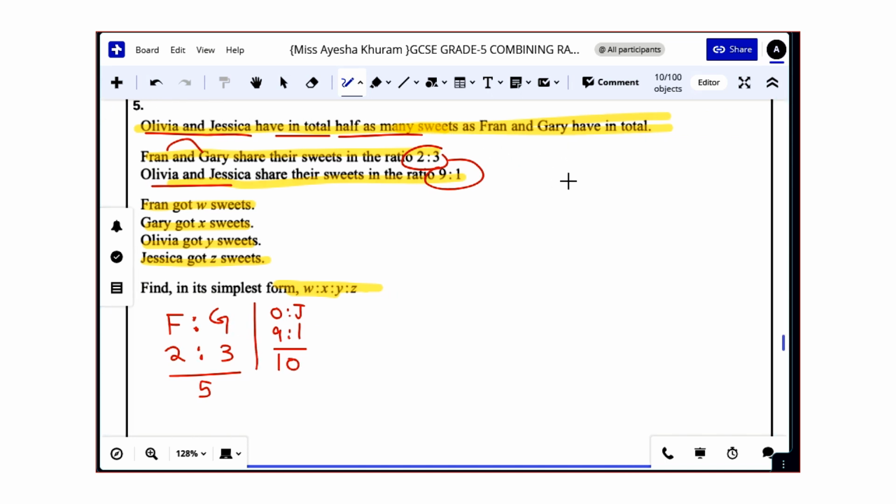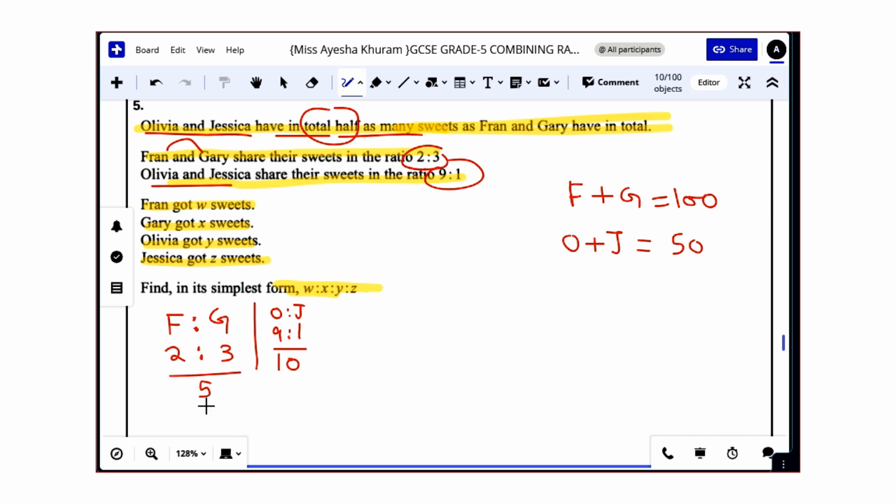They said that Fran and Gray have a total of 100 sweets. So Olivia and Jessica have half, obviously I'm going to write 50 here, so it makes sense.